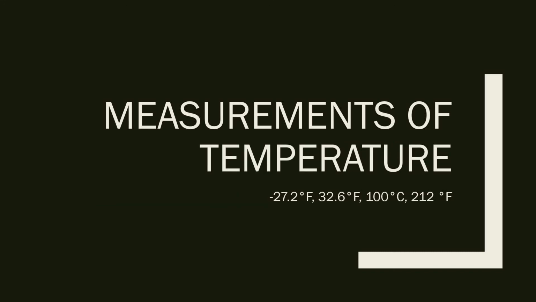Measurements of temperature. Are these good examples of something you'd store in a numeric field? The answer is yes. You notice that we've got a negative, 27.2. It's okay that it's negative. Numbers can store that. They can store fractions of a degree. But your field name should indicate if it's Fahrenheit or Celsius, unless it's just uniform across your organization.